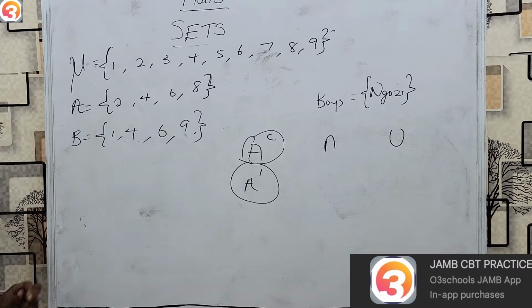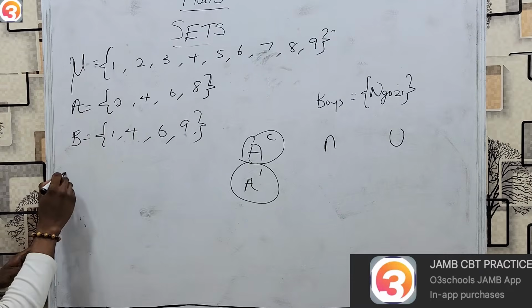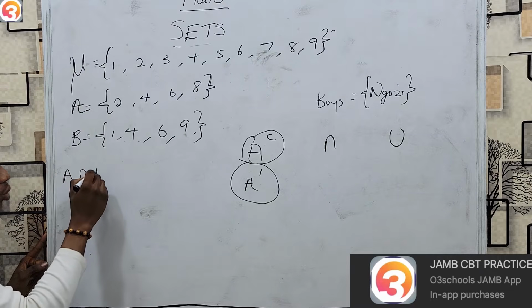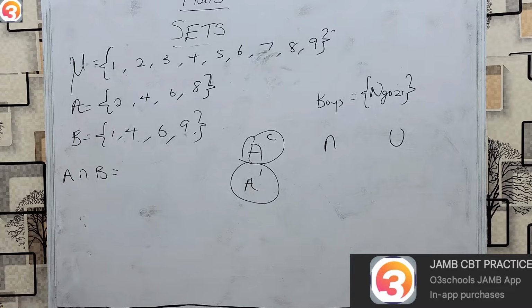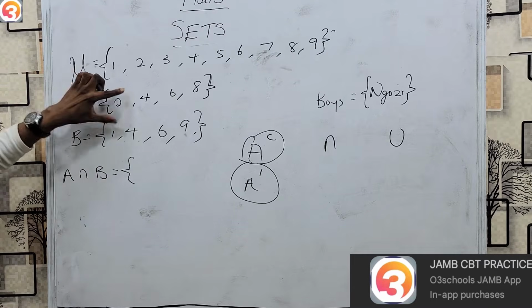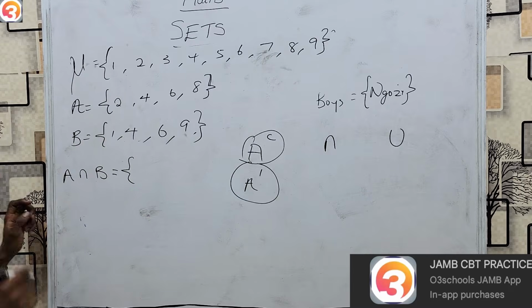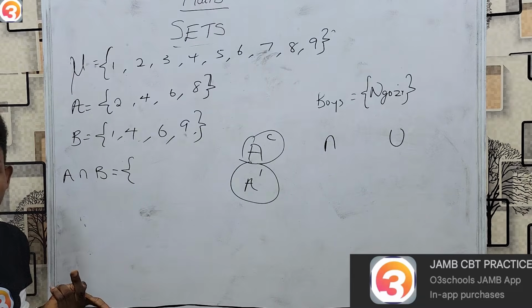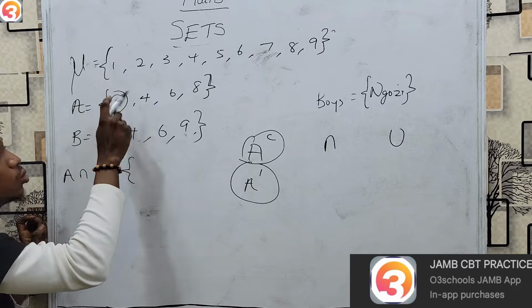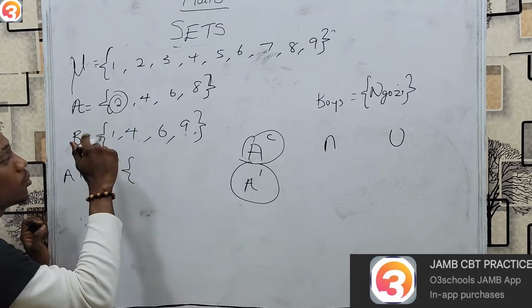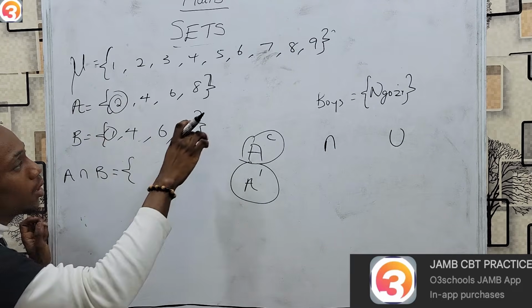Okay. Then if I'm told A intersection B, what this means is I have to find those elements that are common to both set A and set B. And then I have to write them just once, obviously. If I look here, there's 2 here, or no 2 here. There's 1 here, or no 1 here.